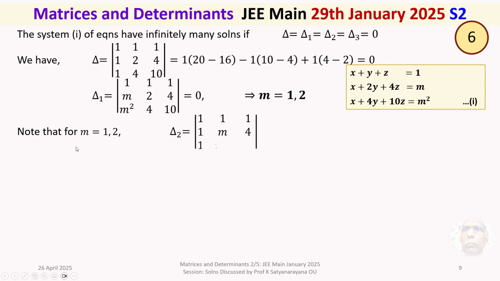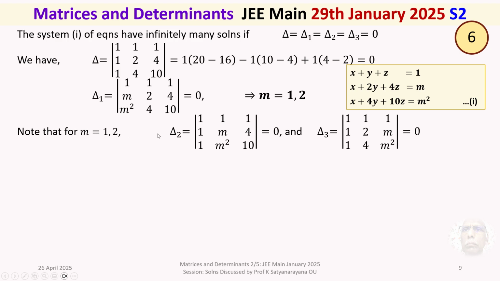Note now one question a student perhaps may ask is, sir, what happens for delta 2 is equal to 0, delta 3 is equal to 0? So write down delta 2, don't say it is equal to 0, write down delta 2. In that, m is equal to 1 you substitute. Then the second column 1, m, m square will become 1, 1, 1, which is identical with the first column. Therefore, two columns are identical, therefore the determinant is 0.